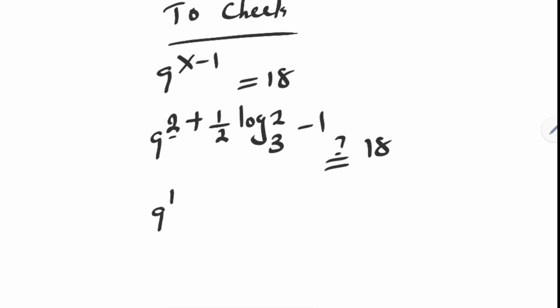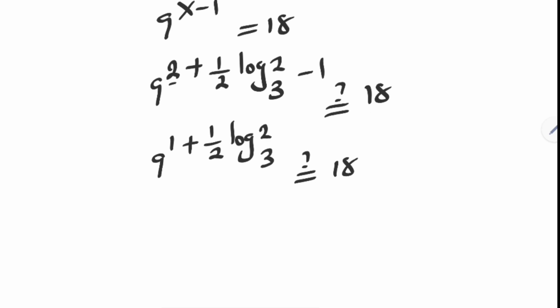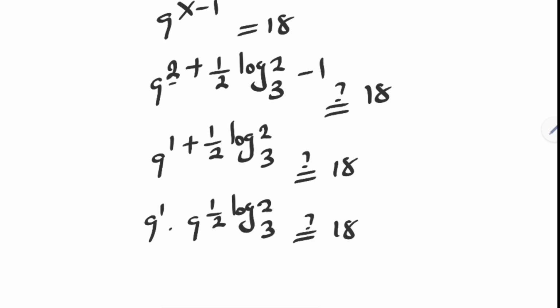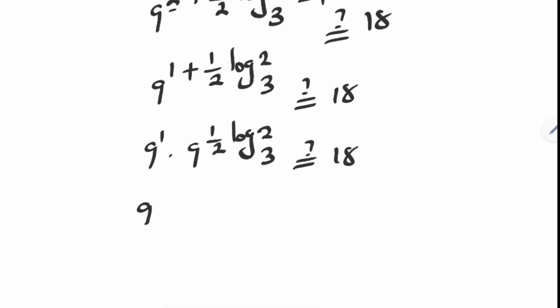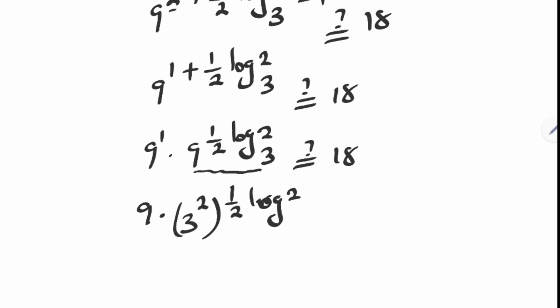We have 9 raised to power 1 plus 1 over 2 log 2 base 3 must be equal to 18. This is 9 raised to power 1 multiplied by 9 raised to power 1 over 2 log 2 base 3 must be equal to 18. 9 raised to power 1, this is 9 multiplied by, this can be written as 3 squared to the power of 1 over 2 log 2 base 3.